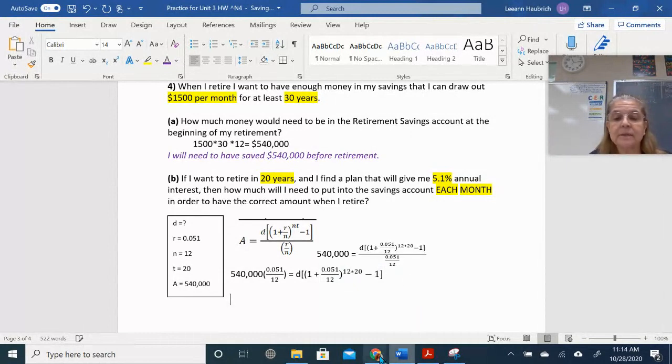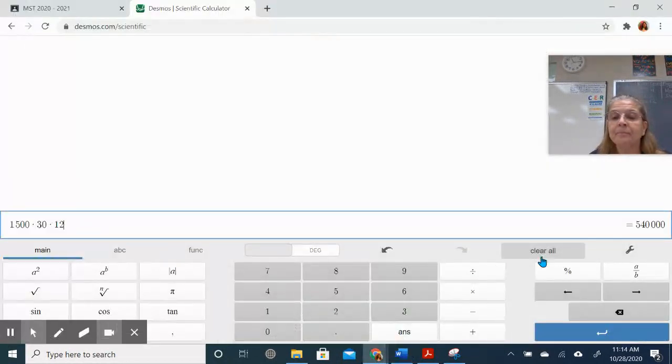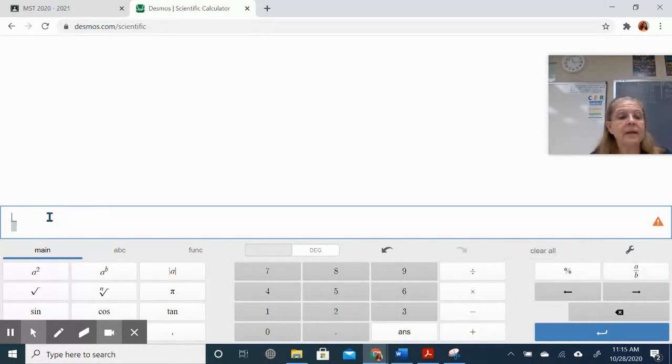So I'm going to go to the Desmos calculator now and try to remember all of this. I'm going to hit clear. And I did write it all out so that I would remember. So everything on the left side is going to be divided by everything on the right. So I'm going to start with that fraction again.